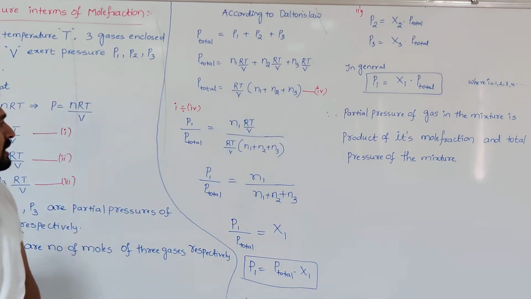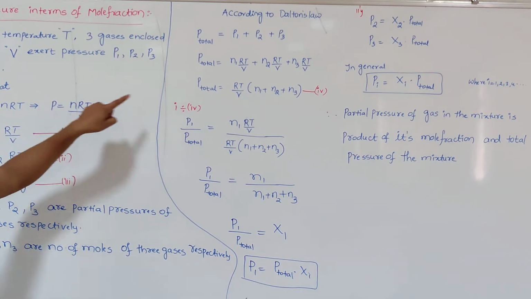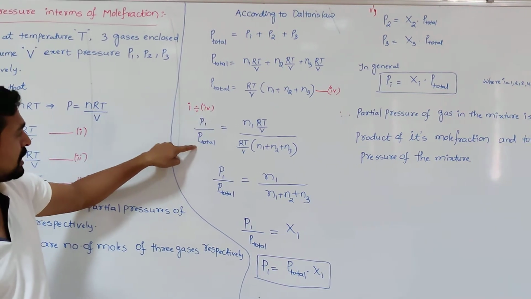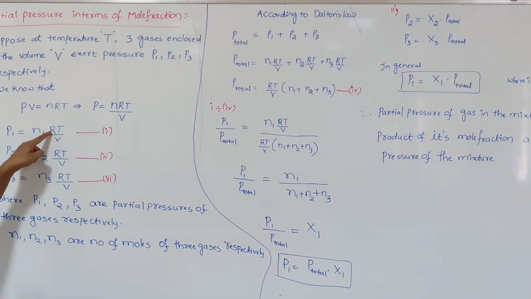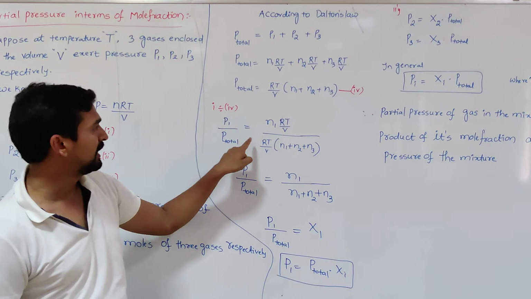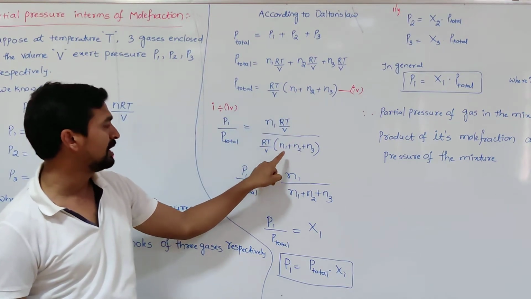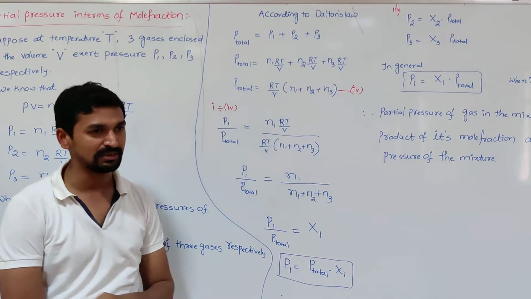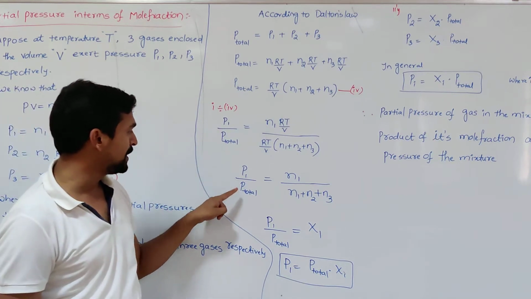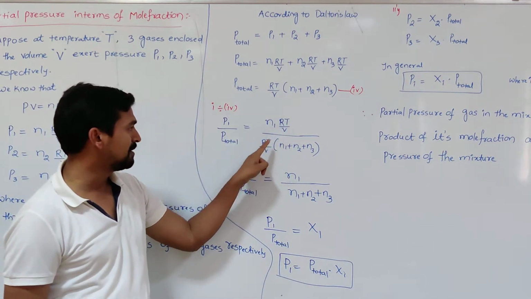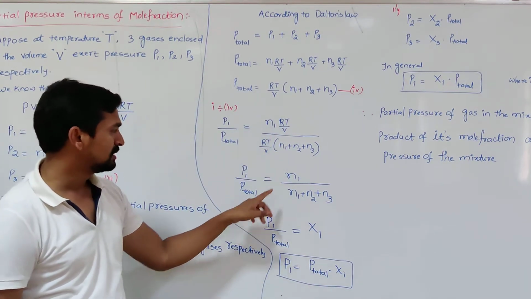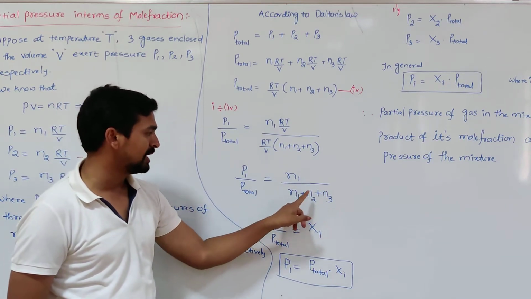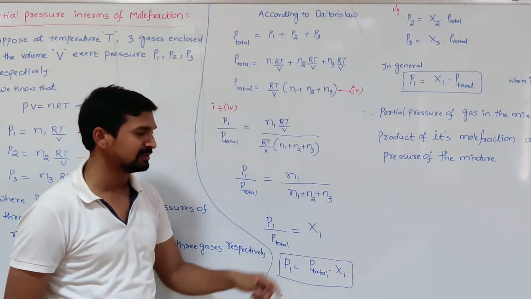Now divide equation number 1 by 4. Equation 1 is P1. P1 divided by P total = (N1RT/V) divided by (RT/V)(N1 + N2 + N3). Then RT/V is cancelled, and we get P1/P total = N1/(N1 + N2 + N3).